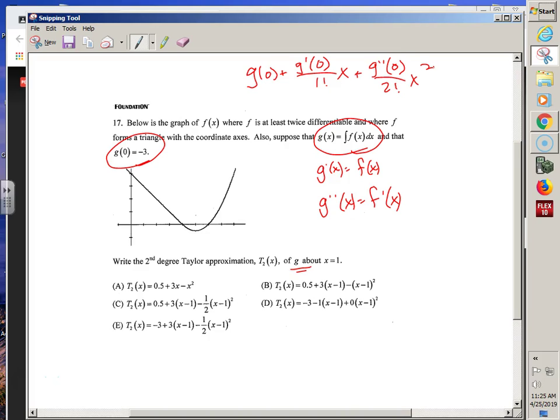Let's see what happens. Where are we finding it about? I don't know. She was guessing. Why did we guess 0?